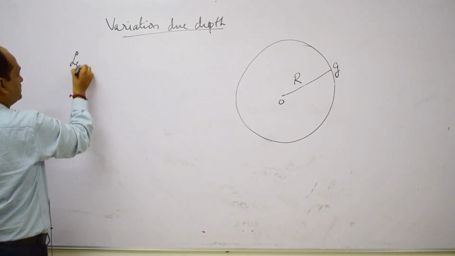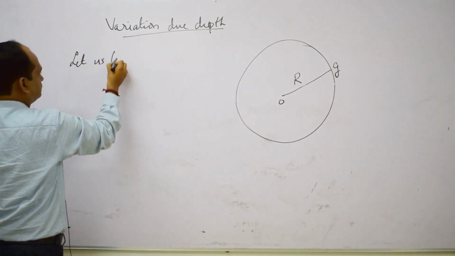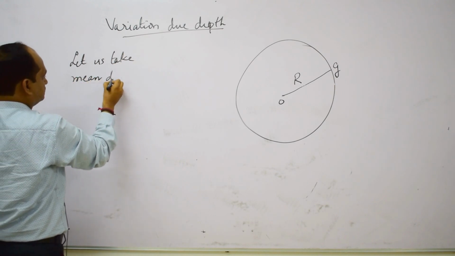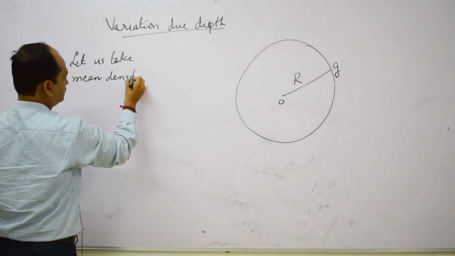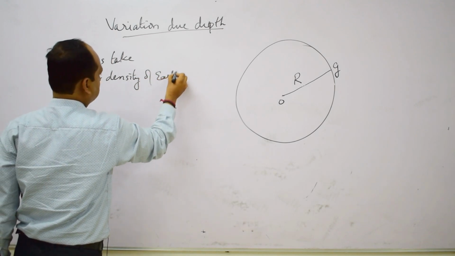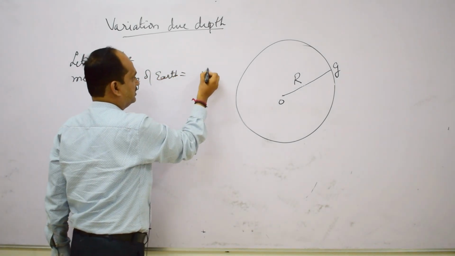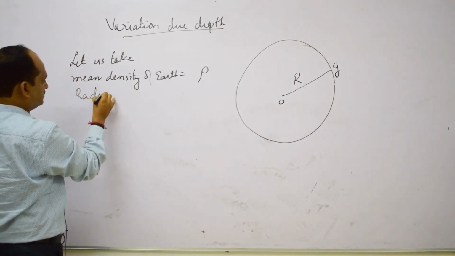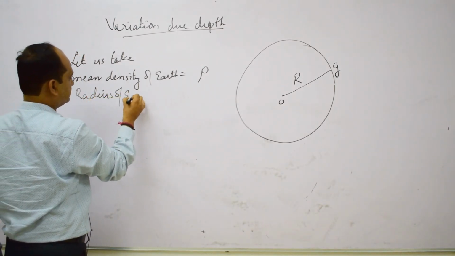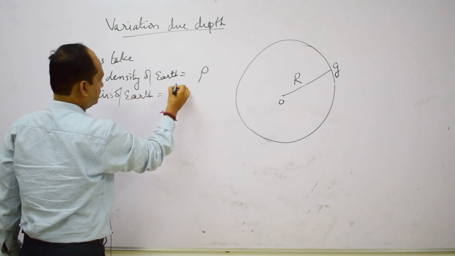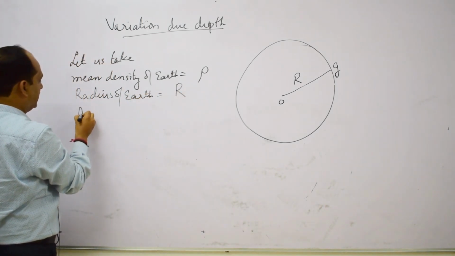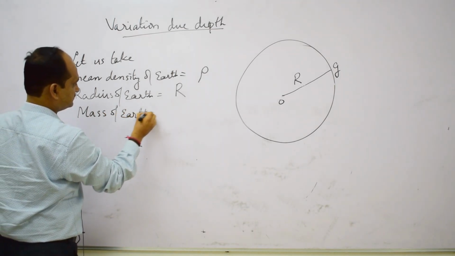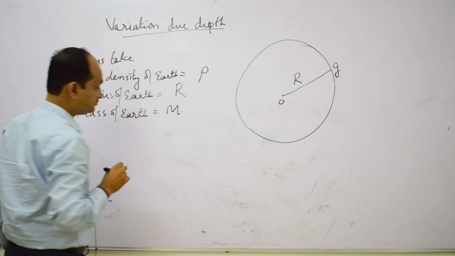Let us suppose the mean density of earth as rho, the radius of earth R, and the mass of earth is M.